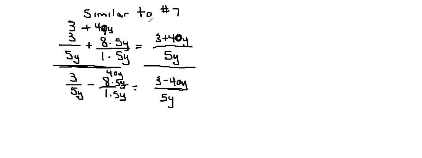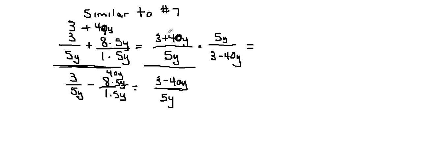Now here's my problem. This is division, so I'm going to keep the top, change the sign to multiplication, and flip the bottom one. Keep the first fraction, change the sign to multiplication, and flip this bottom one. So this is going to be 5y over 3 minus 40y. Okay, what do we do here?